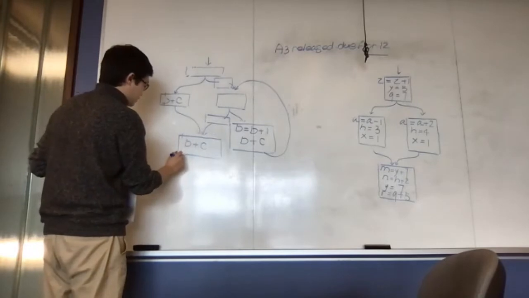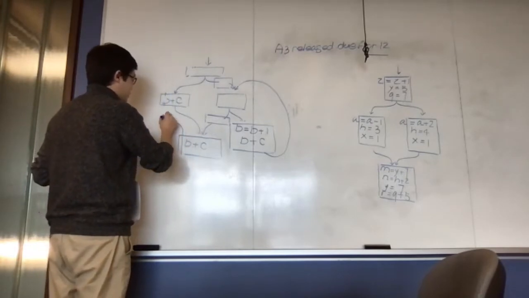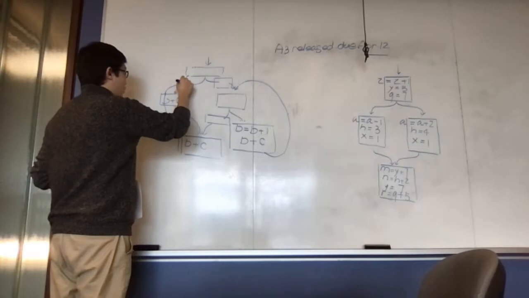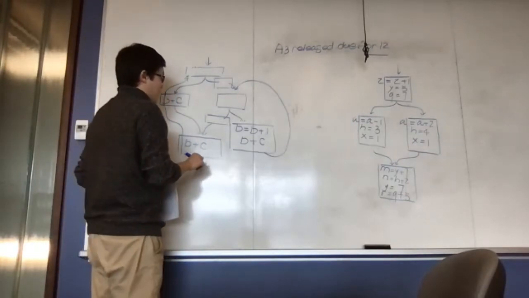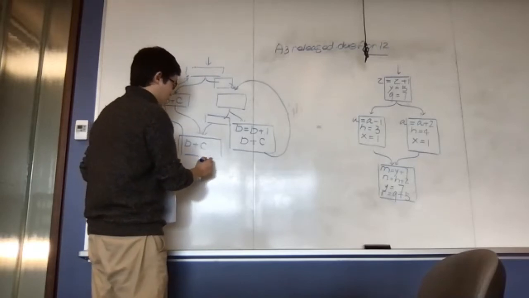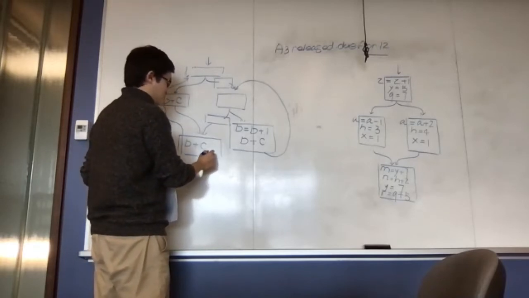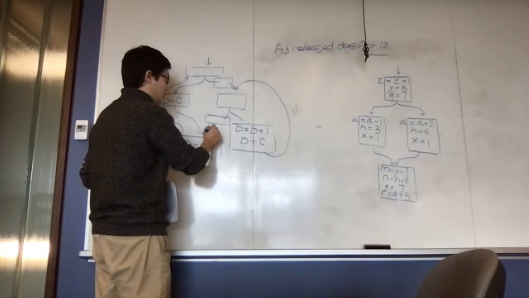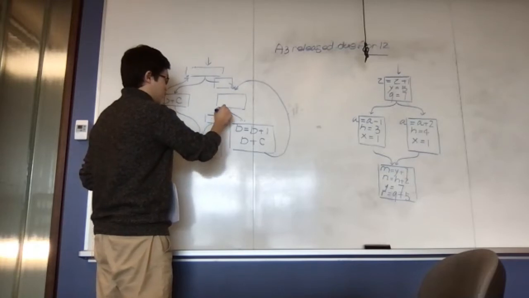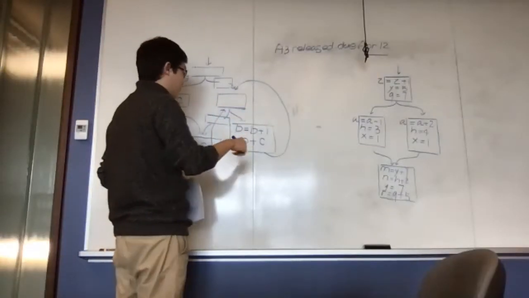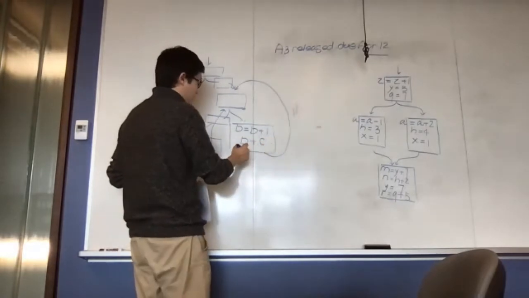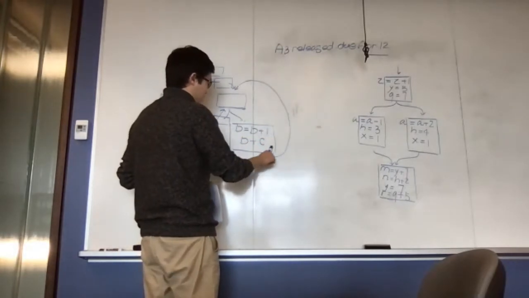What about the other program paths? Well, expression b plus c is anticipated from here to here, until it reaches this program point, which involves a meet operator.